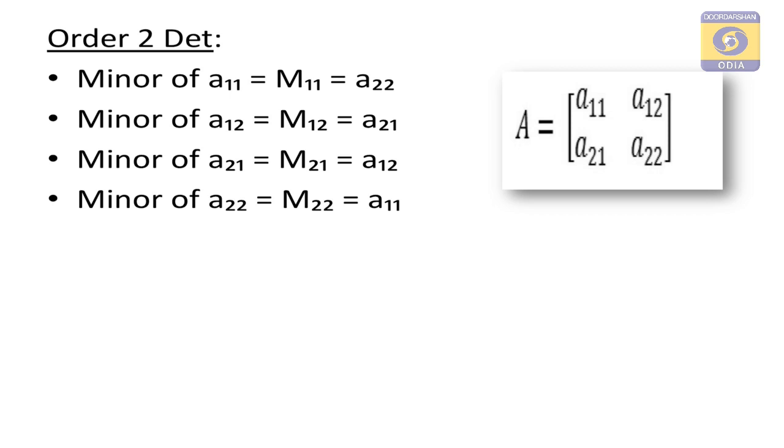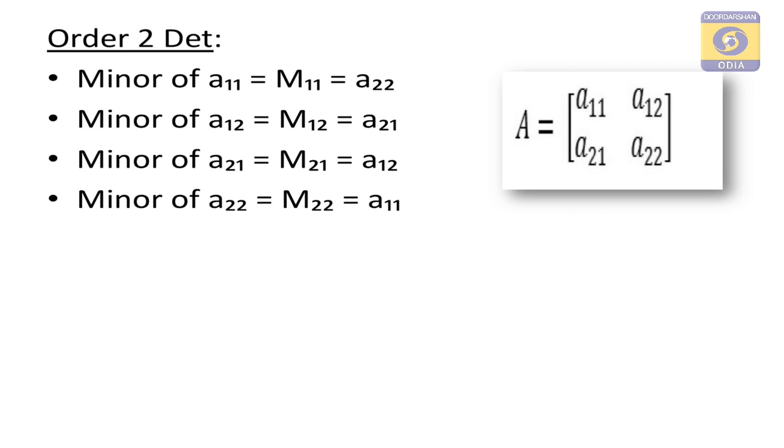A11 lies in row 1 and column 1, so we delete that row and that column, and the resultant element is the minor. So, the minor of A11 is A22. Similarly, for the minor of A12, we delete row 1 and column 2, and the resultant element, that is A21, is the minor of A12, right. So, this is how we can find out the minors of an order 2 determinant.